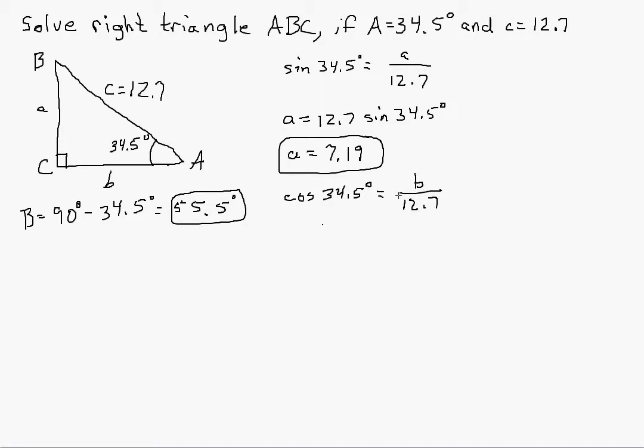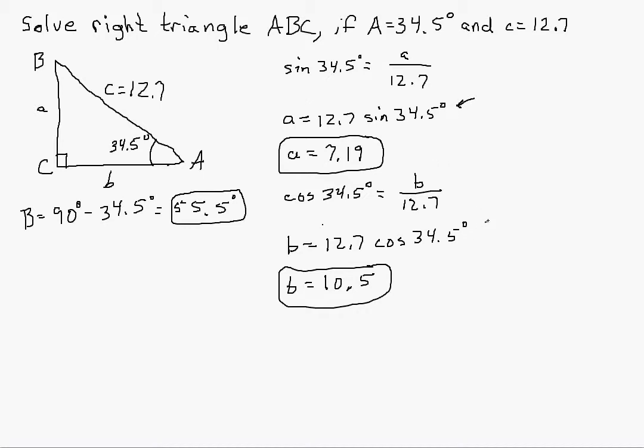If we solve this equation for B, we get B is equal to 12.7 times the cosine of 34.5 degrees. Then we punch this into our calculator, and we get B is 10.5. One thing to keep in mind when you are punching this and this into your calculator, make sure that your calculator is in degree mode.